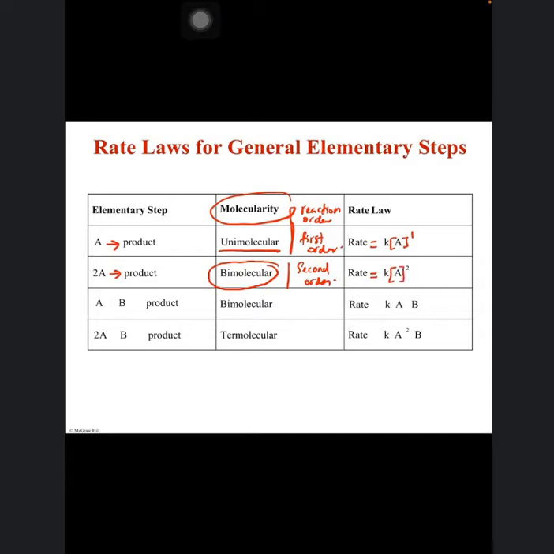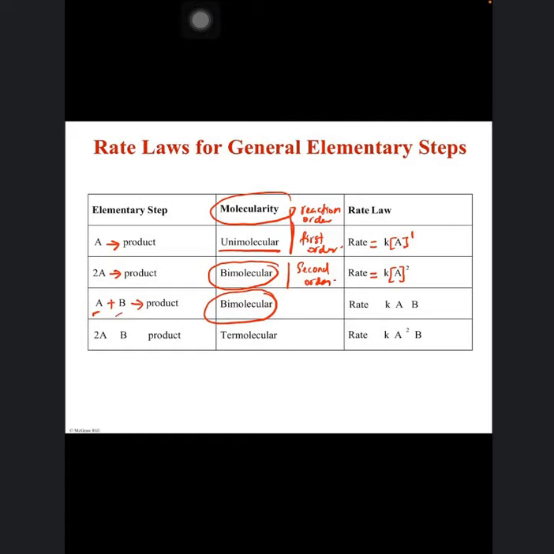Okay. Alright. So another variety adalah kalau kita ada elementary step macam yang the third one ni. Kita ada A campur B producing product. Ada berapa molekul of reactant yang terlibat? 2 juga kan? So bila 2 juga, molecularity dia, walaupun jenis atom berbeza tak apa, tak kisah, janji dia 2, kita panggil dia sebagai bimolecular juga.